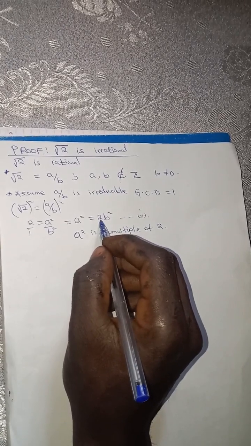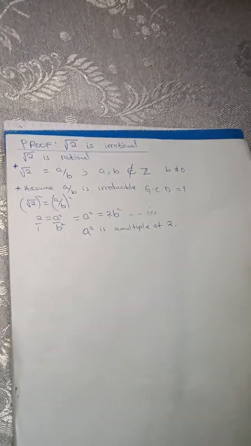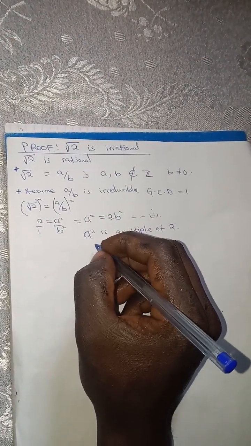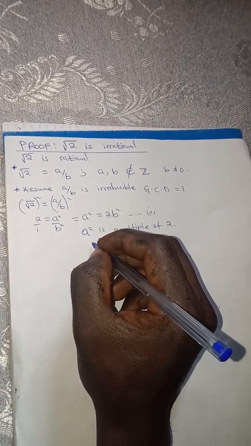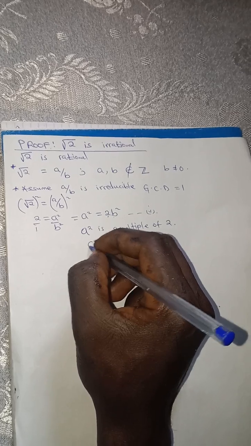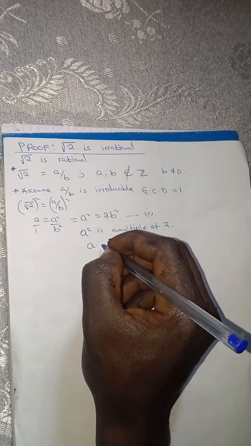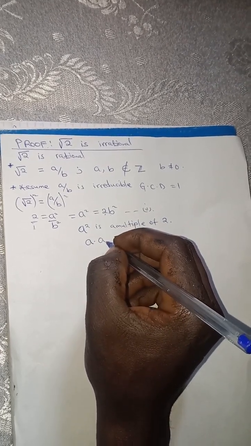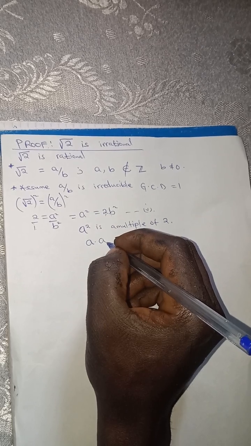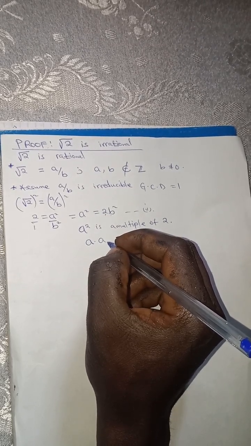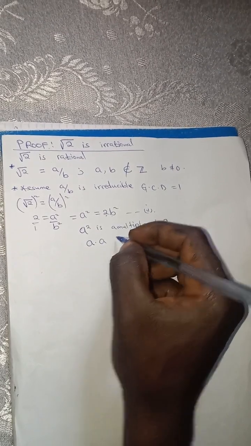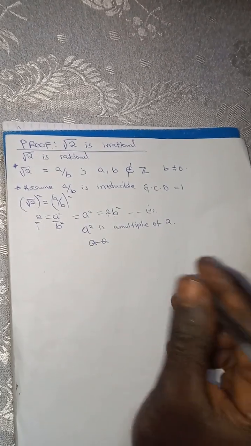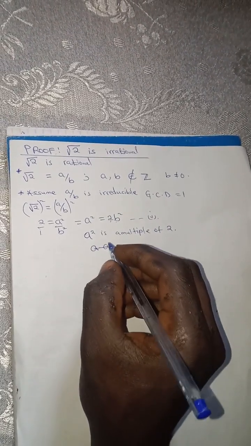Because if we multiply 2 by some integer b squared, we find a squared.